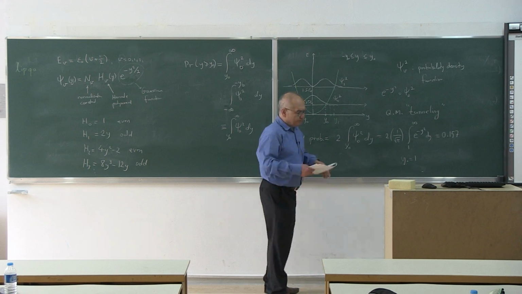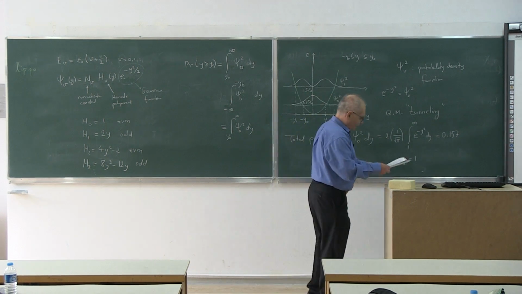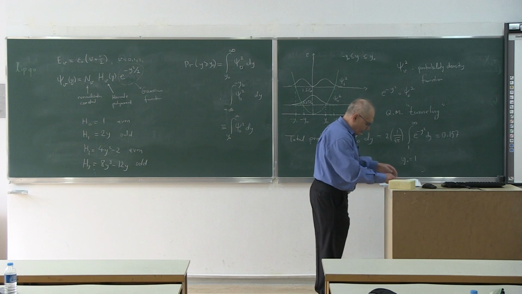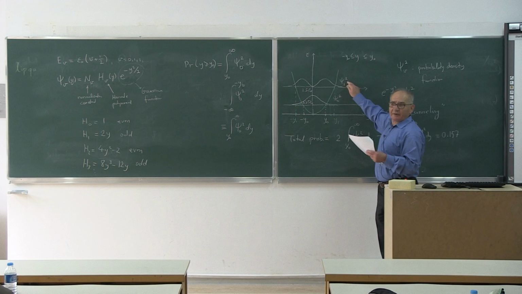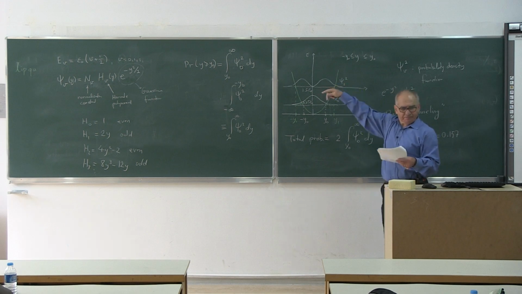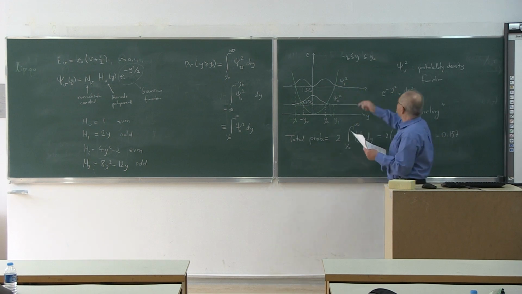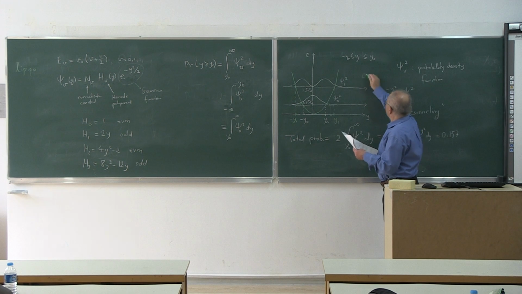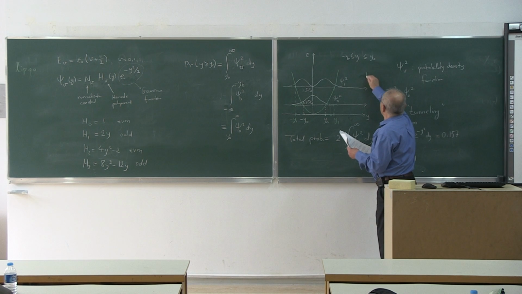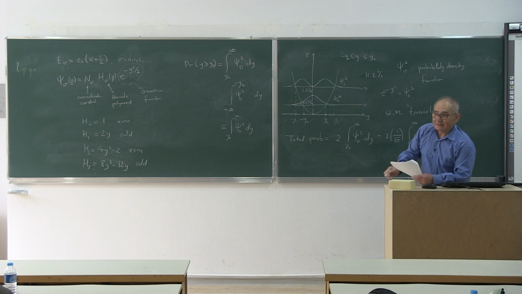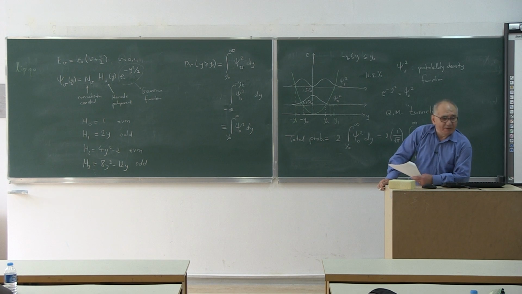And I have given you two more examples. When you use psi 1 square to do the calculation, one gets 11.2% tunneling probability.